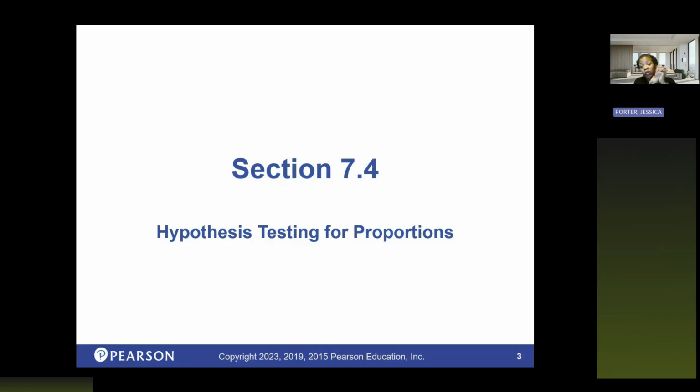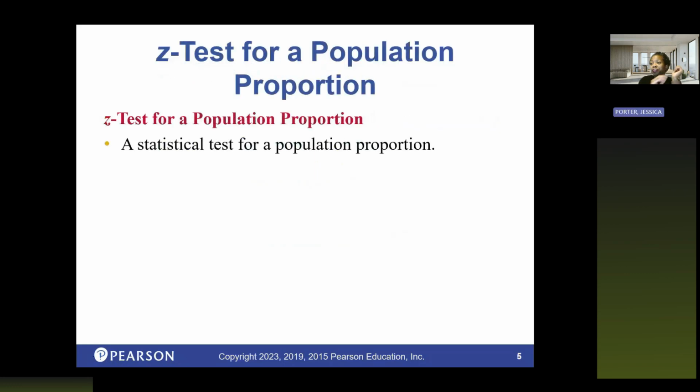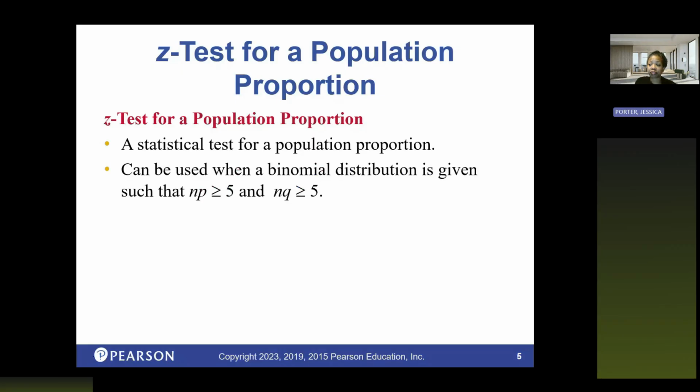Hypothesis testing for proportions now. All right, a Z-test for a population proportion. Basically we're doing the same testing we've been doing, except this time it's on the population proportion. We're still going to verify that np is greater than or equal to 5 and nq is greater than or equal to 5.